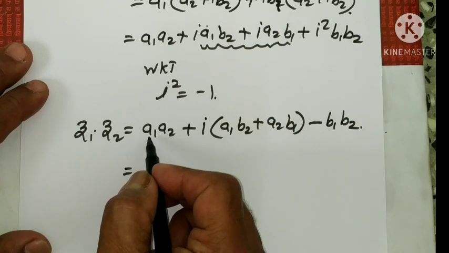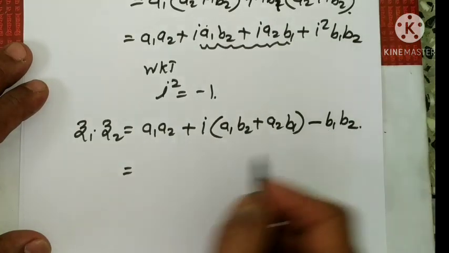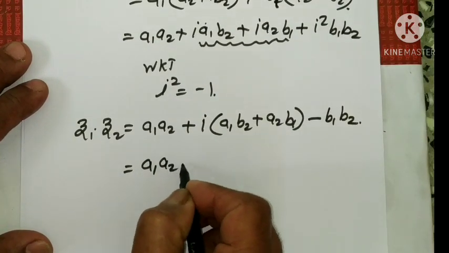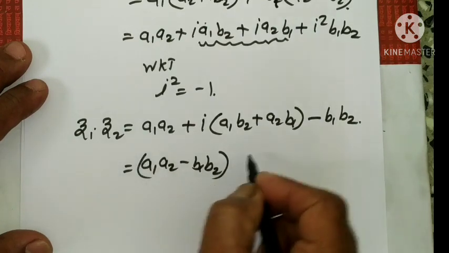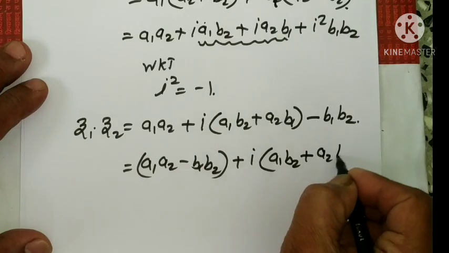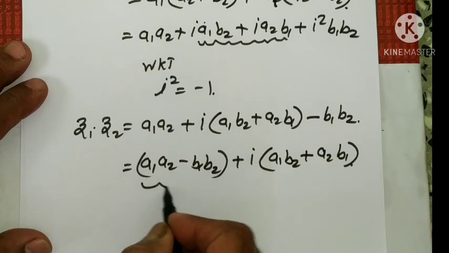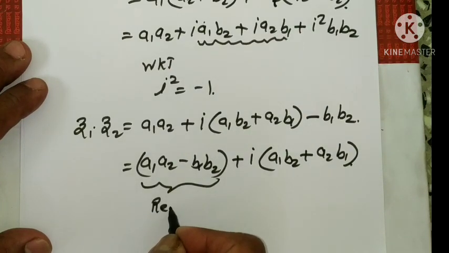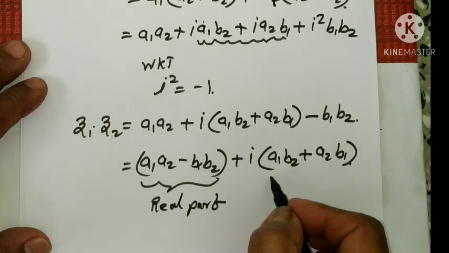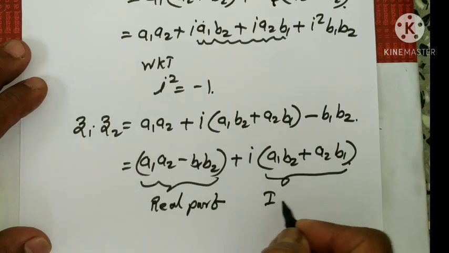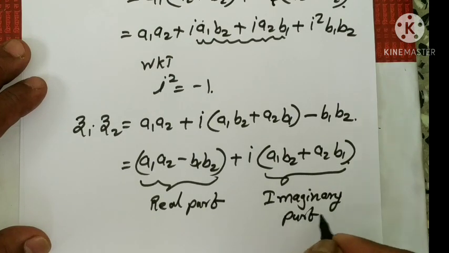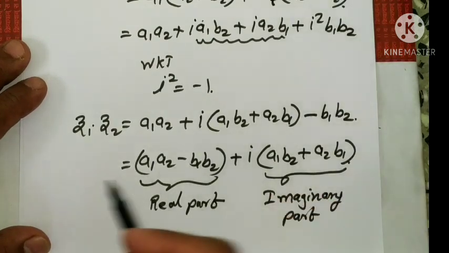Club a1 a2 minus b1 b2, because a1 a2 is also a real number. So a1 a2 minus b1 b2 bracket complete, plus i into bracket a1 b2 plus a2 b1. This part is the real part of Z1 Z2 and this part is the imaginary part of the complex number Z1 Z2.